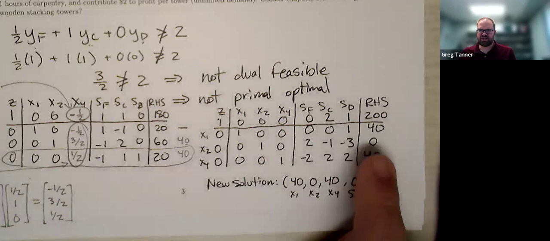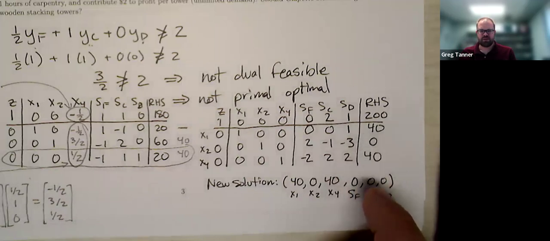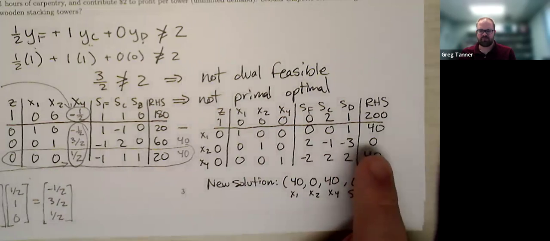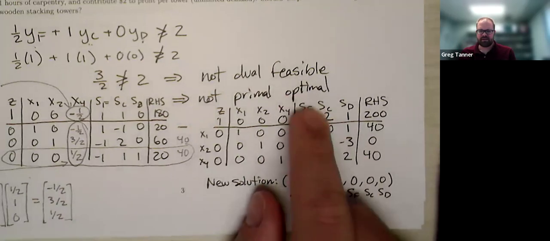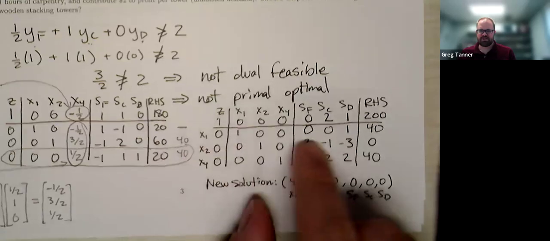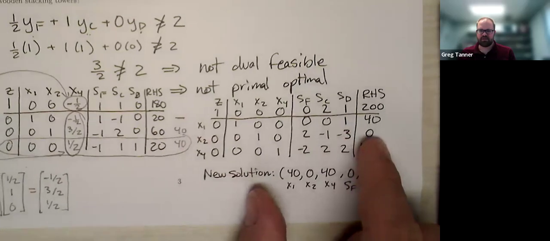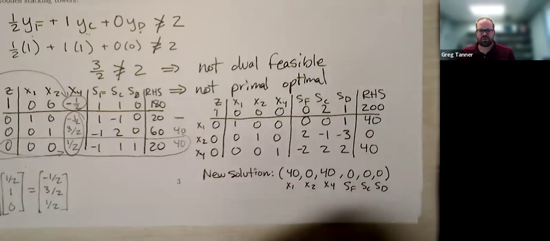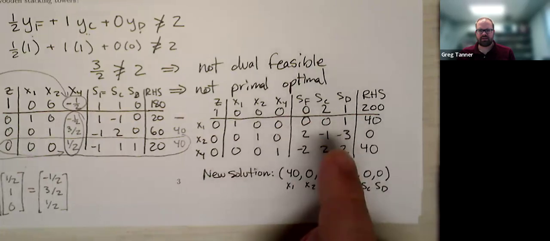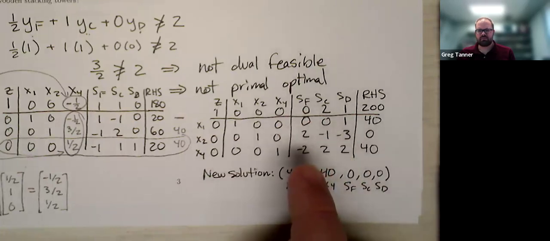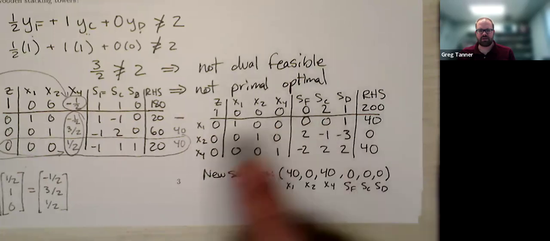Okay, because of the degeneracy, it might actually be the same solution. So if you pivot on SF, SF will come in, X2 will leave, and you'll get that SF is 0 as well. Actually, no, maybe I take that back. You might actually get a different solution here.